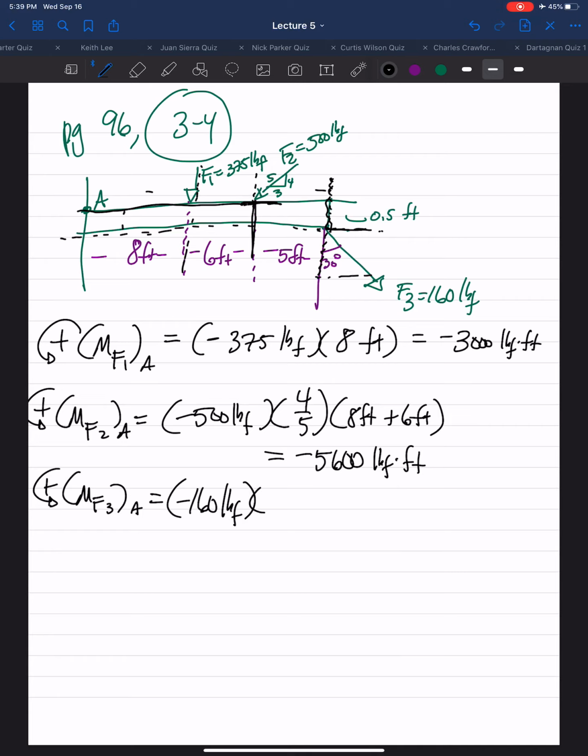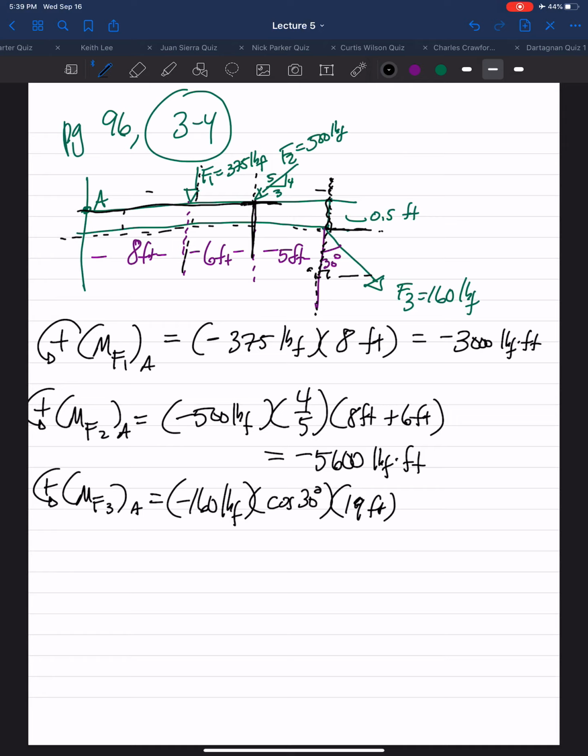Looking at this as the right triangle, the downward will be cosine. Cosine 30 degrees gives us the A leg, which is the vertical component here. So that's cosine of 30 degrees. And our perpendicular distance is what? 8 plus 6 plus 5. The perpendicular distance of the line of action of the vertical component is this total distance away. So it's 8 plus 6 plus 5, which is 19 feet.